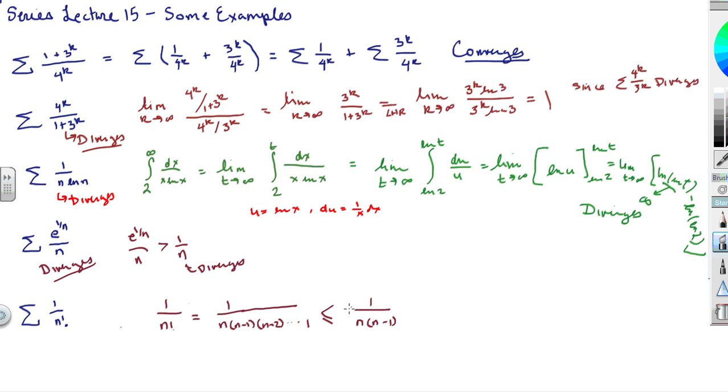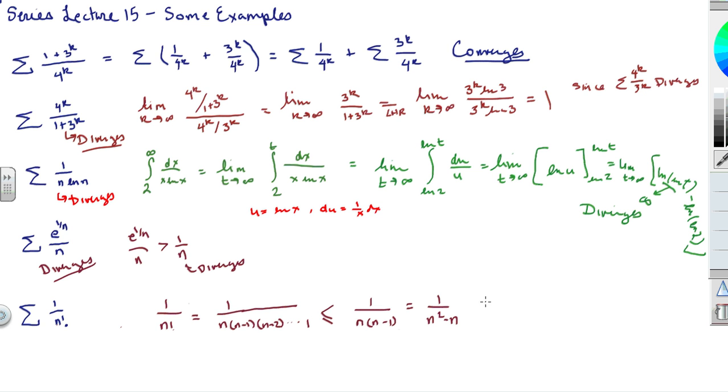Now this thing is not a p series or a geometric series either. However, this one is comparable to a p series, right? Let me rewrite this. This is going to be 1 over n squared minus n. And 1 over n squared minus n is not less than 1 over n squared, but it's comparable to 1 over n squared.